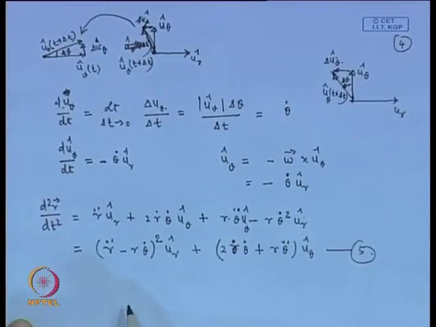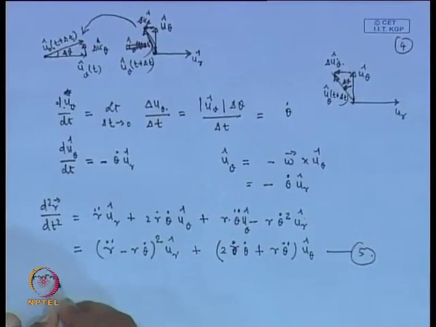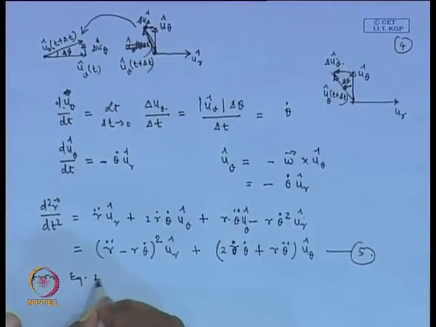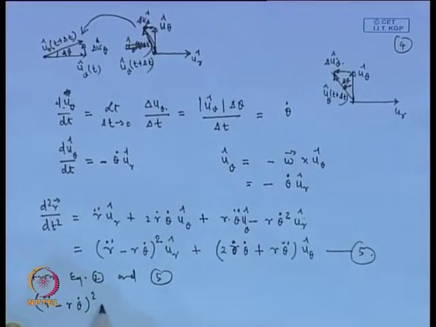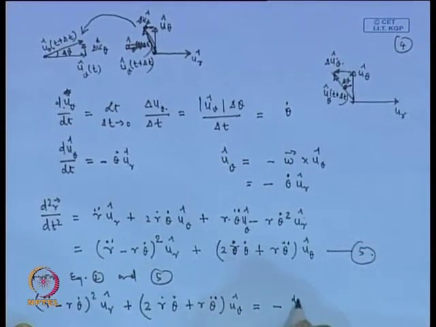Okay. So, from equation number 2 and 5, we can write r double dot minus r theta dot square u r cap plus 2 r dot theta dot plus r theta double dot u theta cap, this is equal to minus mu by r square u r cap.